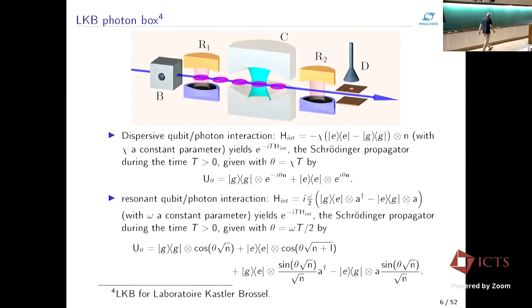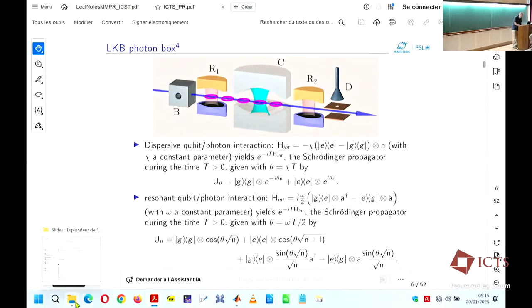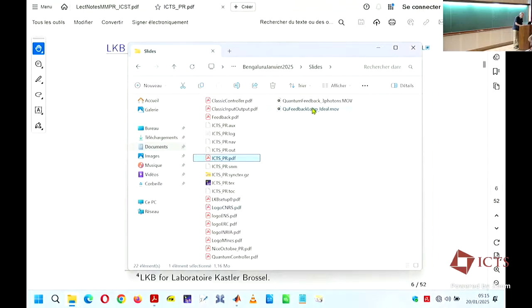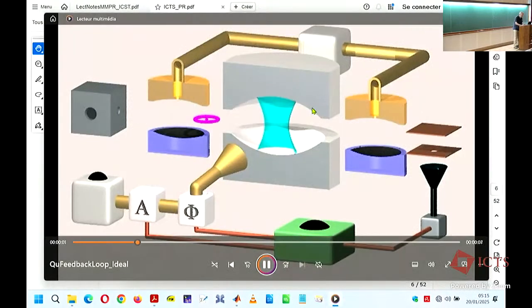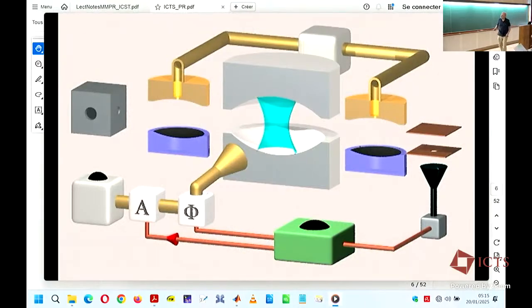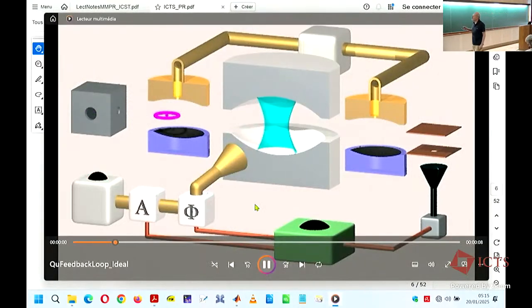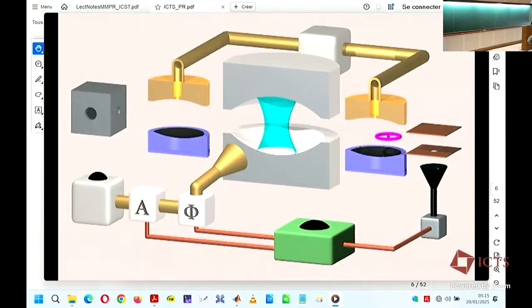We will use the photon box, which is a system that has been developed by Serge Haroche in Paris. So maybe I have a small animation. Yes, I have it. So you see, it is a purely discrete time system. What you have is the simplest composite system that you can imagine with two key quantum systems.